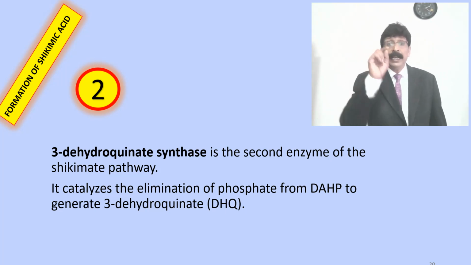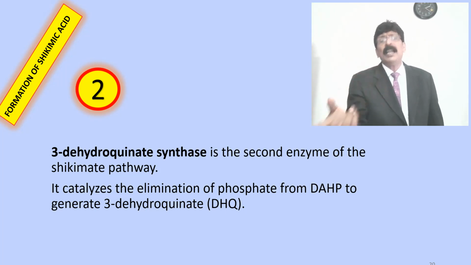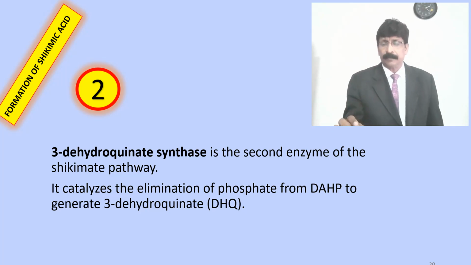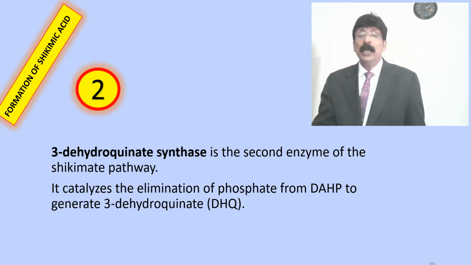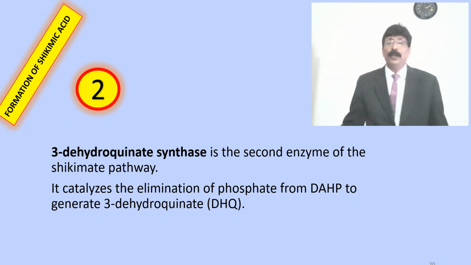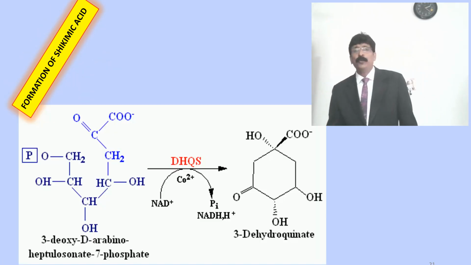It catalyzes the elimination of phosphate from deoxy-arabino-heptulosonate phosphate to generate 3-dehydroquinate, DHQ. You see the structure?